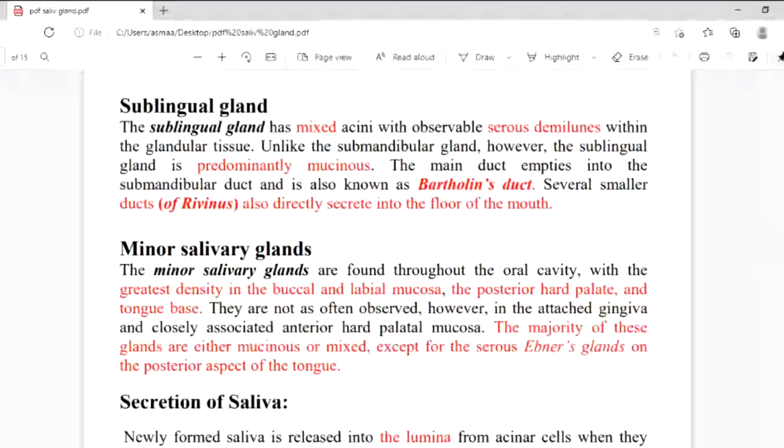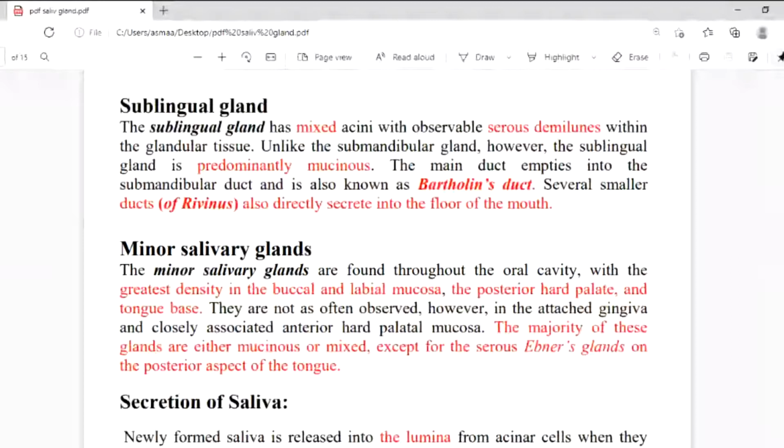The duct of the sublingual gland joins the submandibular duct via Bartholin's duct. And several smaller ducts of Rivinus, sometimes called Rivini ducts, open directly into the floor of the mouth. So it has Bartholin's duct and the Rivinus ducts.